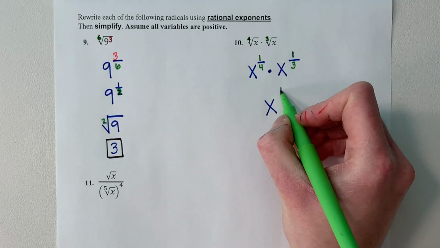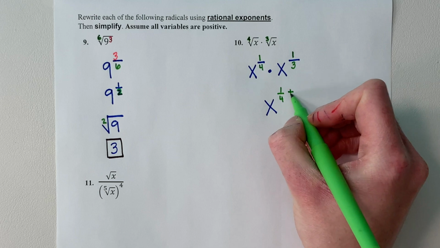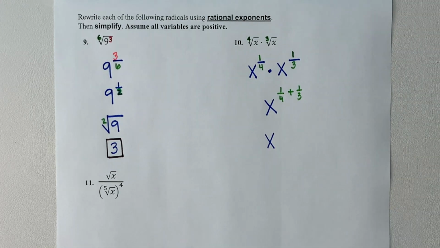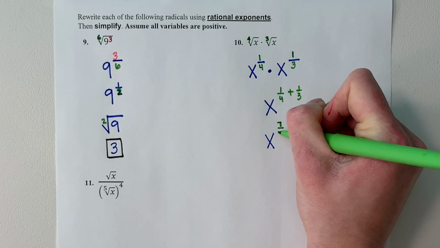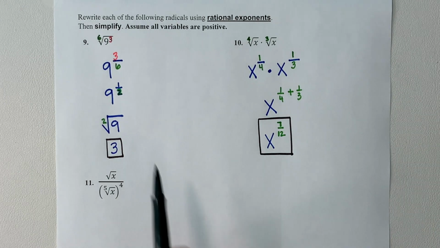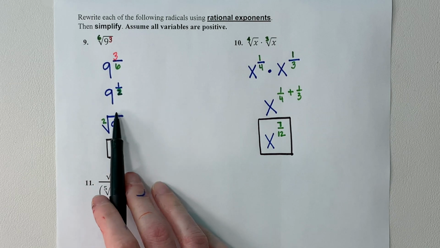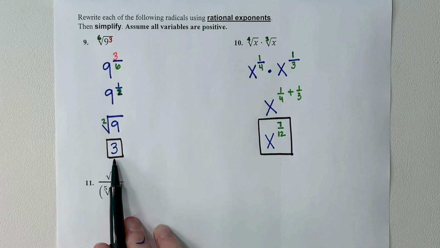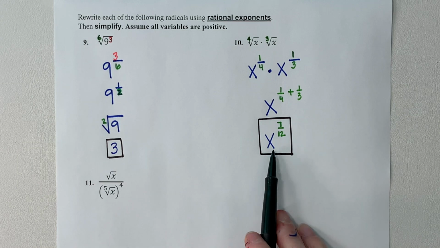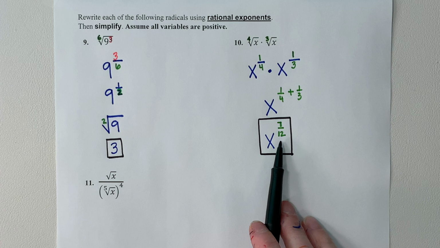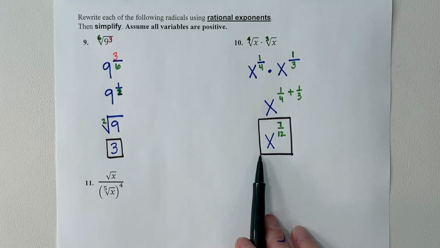So we'll take 1/4 plus 1/3, and then to simplify that, 1/4 plus 1/3 will give us 7/12. Now remember, if you end up with a number raised to a fractional exponent, you want to rewrite it as a radical to see if you can evaluate it. If you end up with a variable raised to a fractional exponent, you can rewrite it as a radical, but it won't help you to simplify it any further, so we can just stop here.